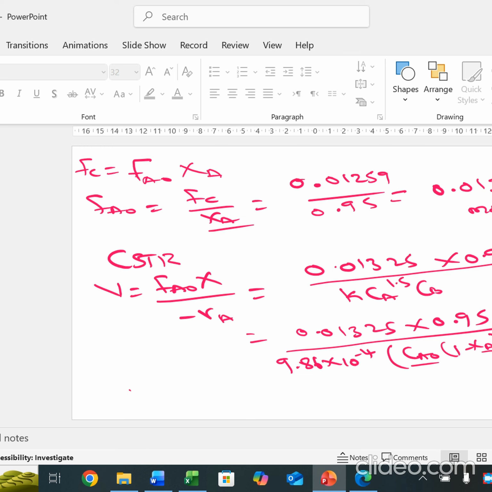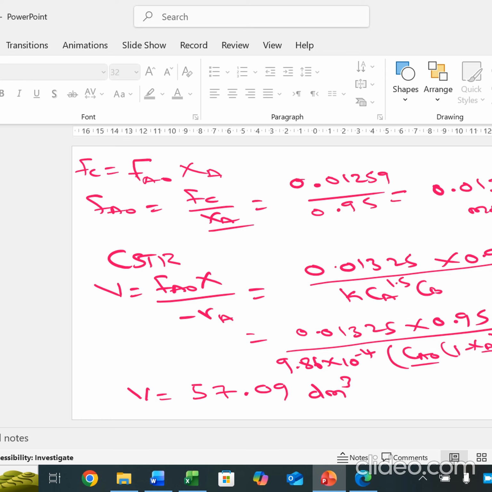So when we evaluate this, our volume for the CSTR will give us 57.09 dm cube. So that is how to evaluate our continuous flow data based on batch data, which we used to estimate the rate data.